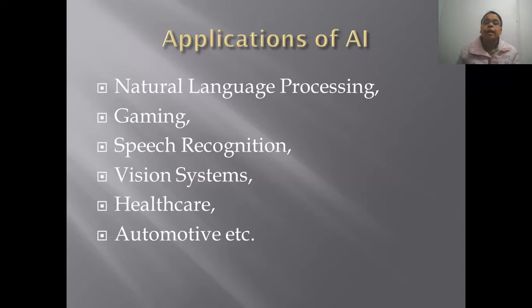And now come to the applications of artificial intelligence. It is very important because in every area nowadays, artificial intelligence has become more and more popular. If we are talking about natural language processing, in that, the application plays a vital role. Then gaming also, because there are some brain power games, or you can say memory power games, which are very beneficial for the kids or for the students also.